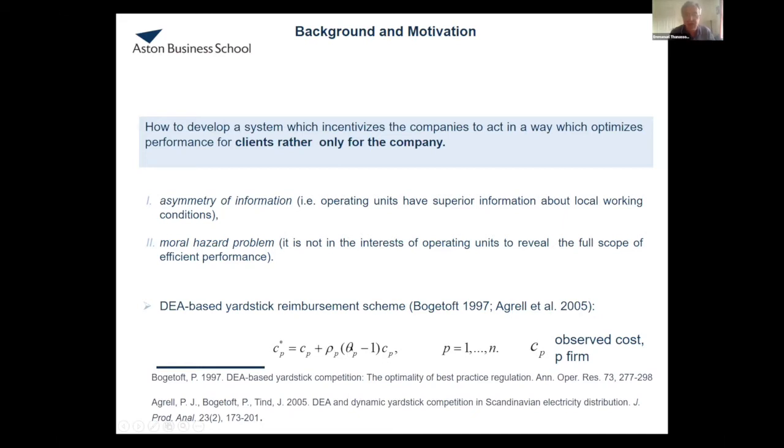Theta is the efficiency that you derive for the company minus 1, multiplied by the observed cost of the company. So if you imagine the efficiency of the company, let's say, to be 0.8 for theta, this would be 0.2 when you make the subtraction. So in effect, if you keep this at 1, you would be subtracting 20% of the observed cost as what you set the efficient cost to be for the company going forward.